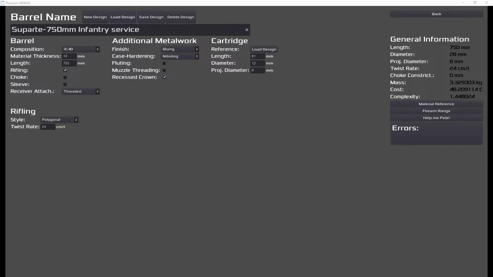So you have 10 plus 8 is 10. So that's going to be 28 millimeter diameter total. So 28 times this.